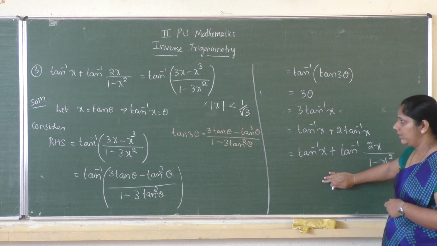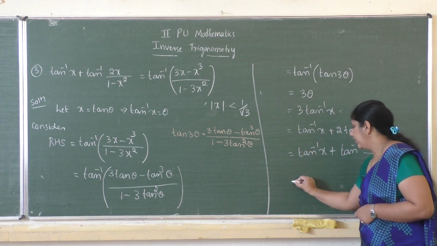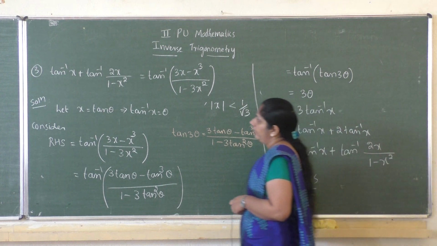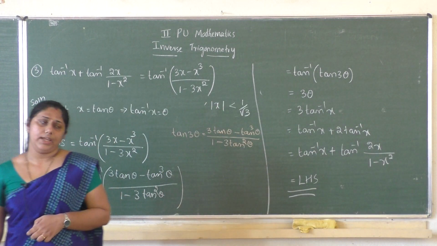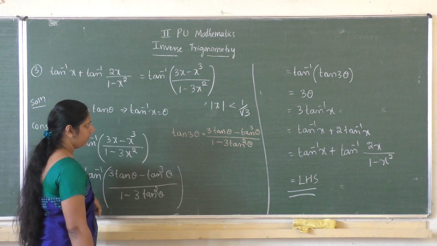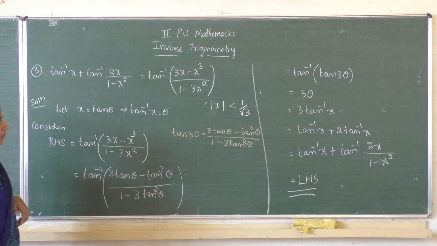Now see this term, it is the same as the given left hand side. So we proved tan inverse x plus tan inverse 2x by 1 minus x square equal to tan inverse of 3x minus x cube by 1 minus 3x square.